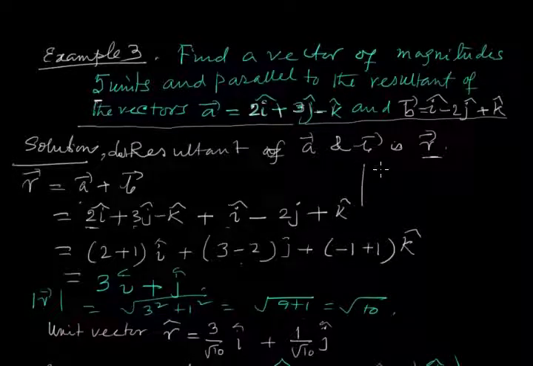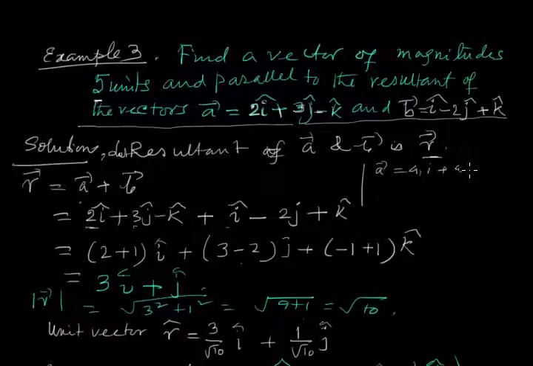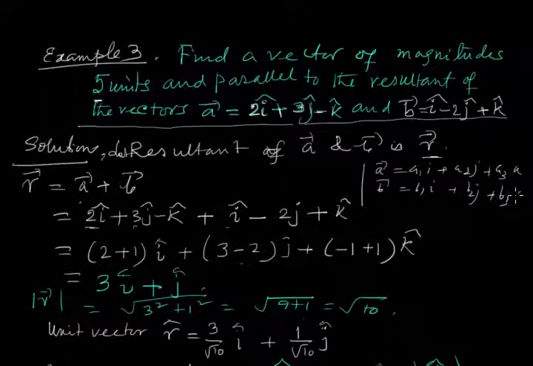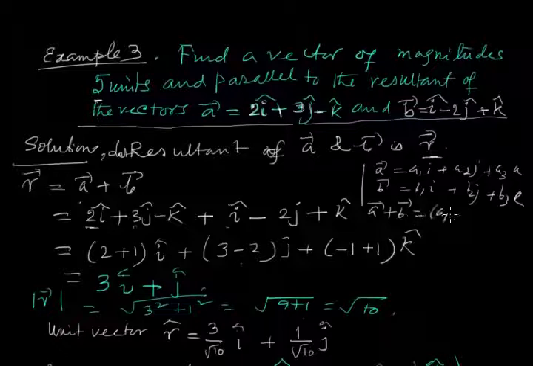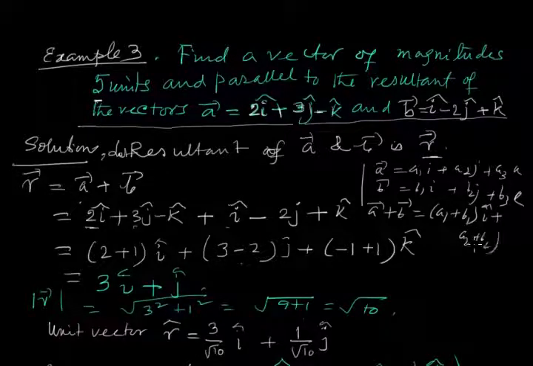And we know that vector A is A1 i, A2 j, A3 k, and if the vector B is B1 i, B2 j, B3 k, so we have to add A1 plus B1 into i. So A plus B is A1 plus B1 into i cap, A2 plus B2 into j cap, A3 plus B3 into k cap.